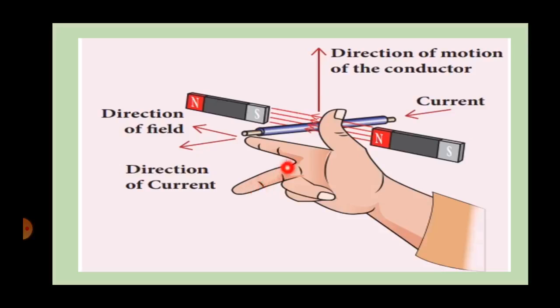The middle finger is in the direction of induced current, mind it. Here the induced current is produced because of the magnetic field. Are you clear? This is a very important one, Fleming's right hand rule.